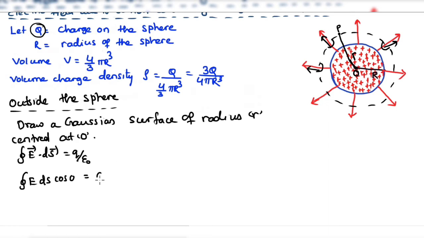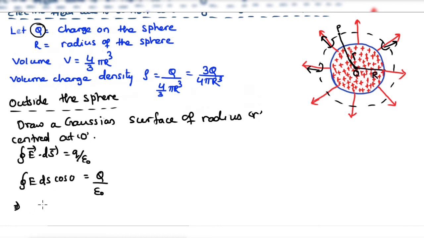So I can write capital Q by epsilon naught. So cos 0 is 1, and at every point on the Gaussian sphere, electric field will be same because all the points on this Gaussian sphere are equidistant from the solid sphere.